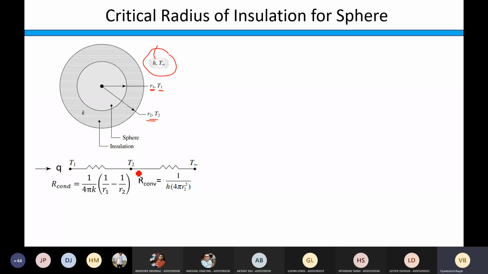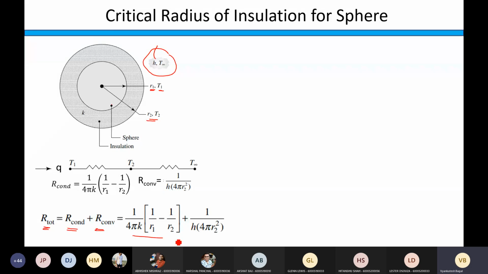Then you can plot a similar diagram equivalent to the previous case, and I am writing R conduction and R convection. We know how to find R conduction and R convection, correct? So this is your R total, which is the sum of conduction resistance plus convection resistance.